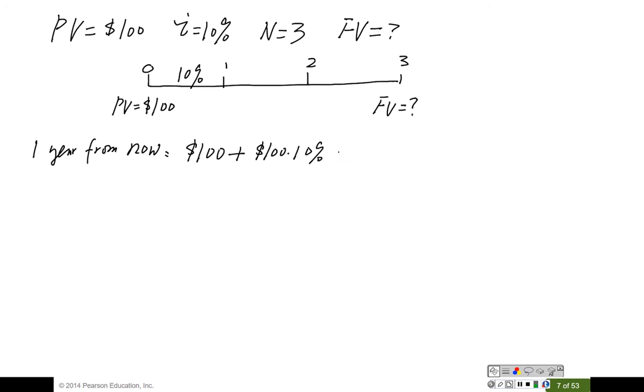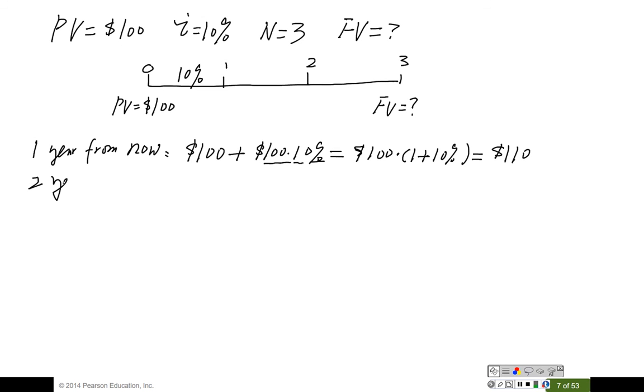The interest you earn can be calculated by your principal times the interest rate. So this equation becomes $100 times 1 plus 10%. So you get 110 after 1 year.